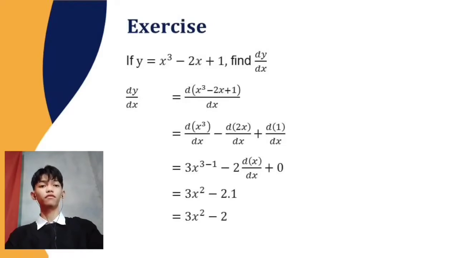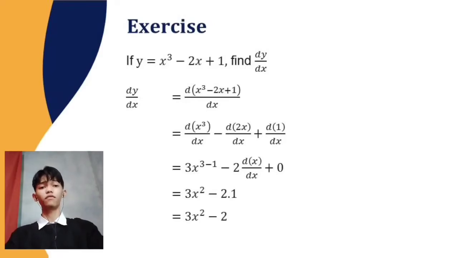From the derivative of x cubed, we will get 3 times x to the power of 3 minus 1. And from the derivative of 2x, we will get 2 times the derivative of x.